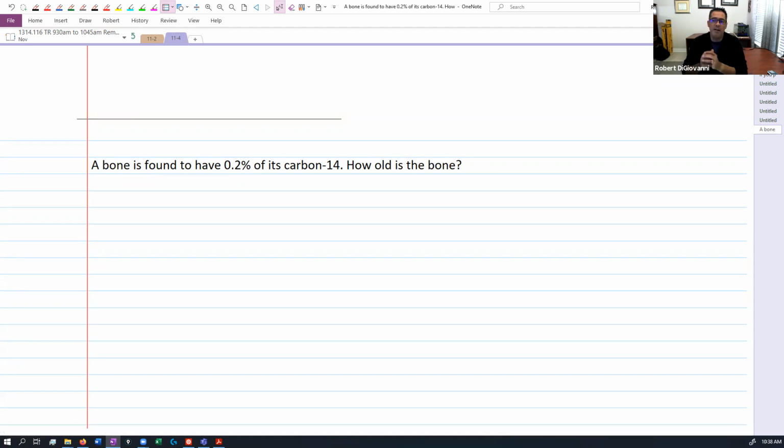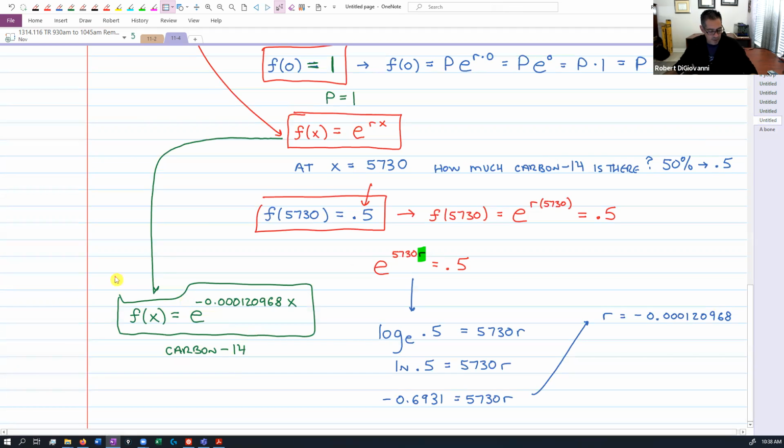Okay, so a bone's found, take it to a lab, they measure it. It's got about 0.2% of its original carbon-14. All right. How old is that bone? So here's what we're going to do. We're going to use the function that we just generated ourselves here. This is how we determine everything for carbon-14 now.